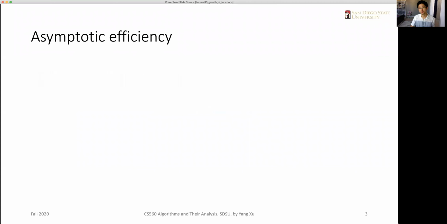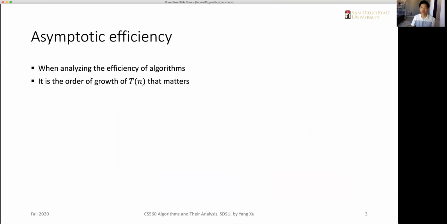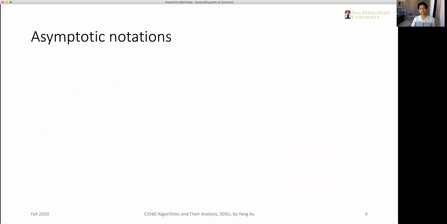Let's go back to the previous example. Maybe merge sort behaves worse in a smaller range of inputs, but asymptotically speaking, it eventually will be the better choice. That's our basic principle of choosing algorithms. We're gonna introduce a bunch of asymptotic notations, including the big theta notation, big O, and big omega notations.